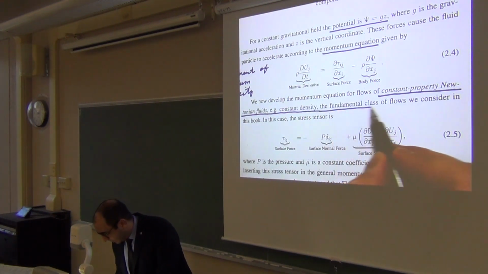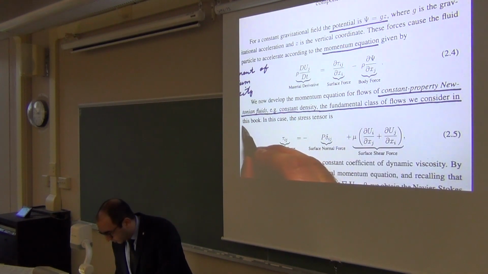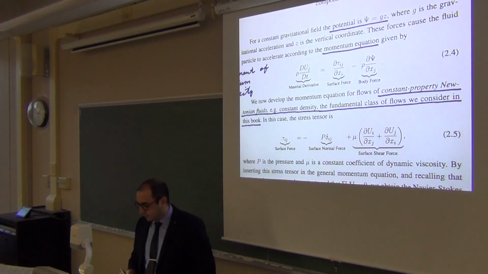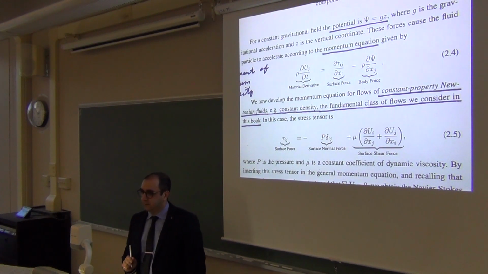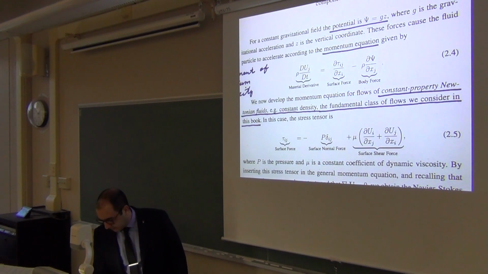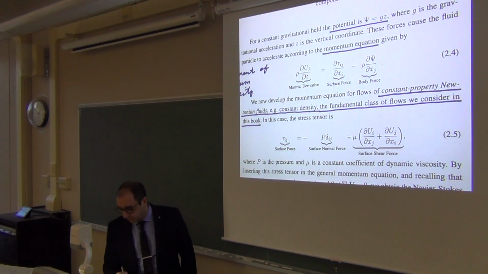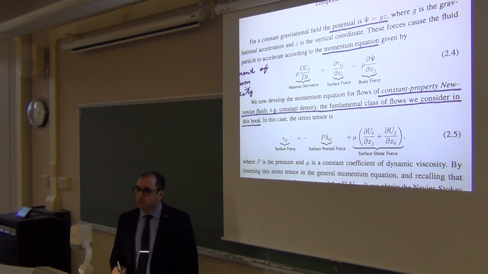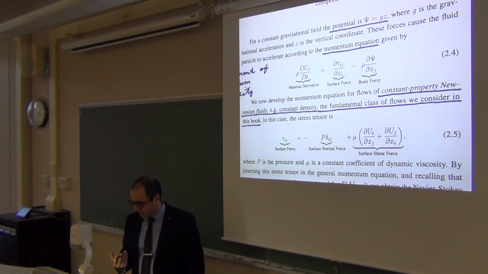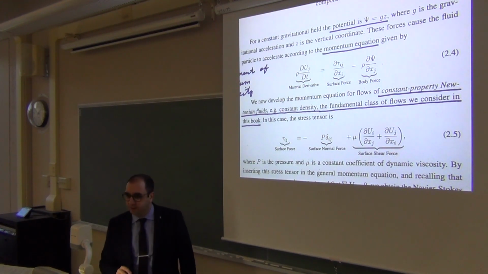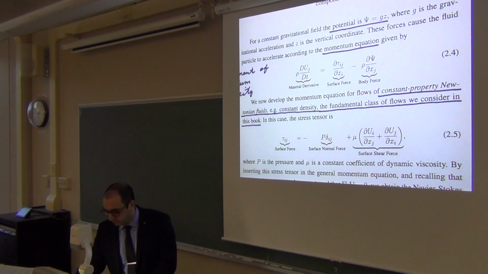The fundamental class of flows that we consider in this book are as such. If that's the case, then the surface stress tensor is greatly simplified. It has two components. One relates to the normal components of the stress, which we know as pressure. And the other one is the shear or sideway action on the control volume.